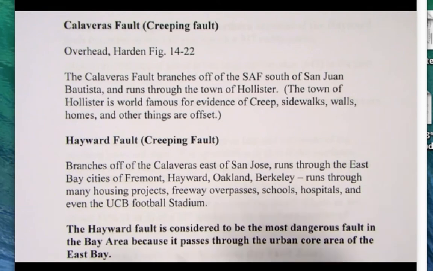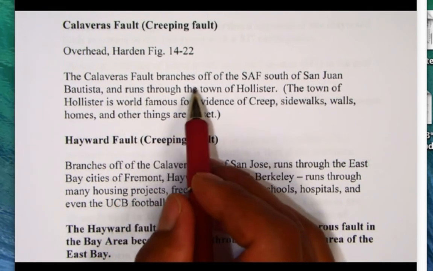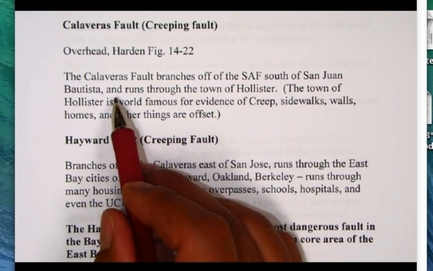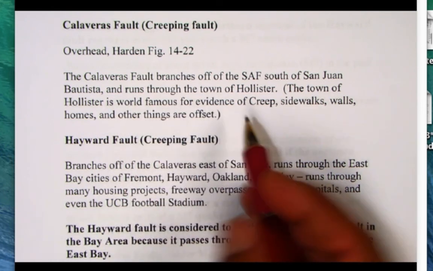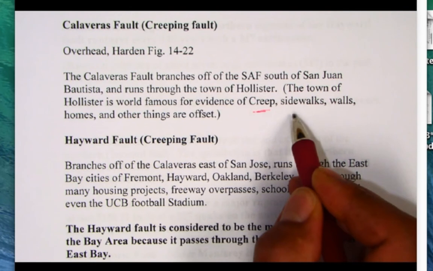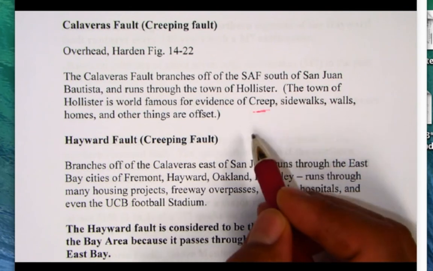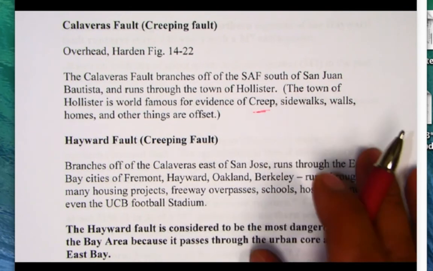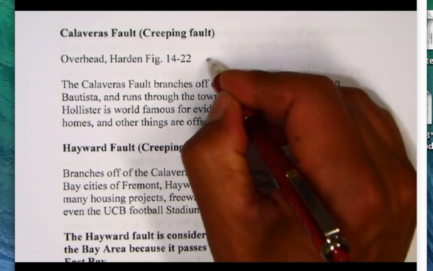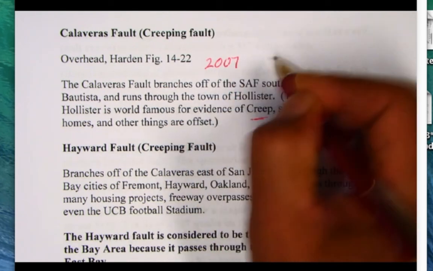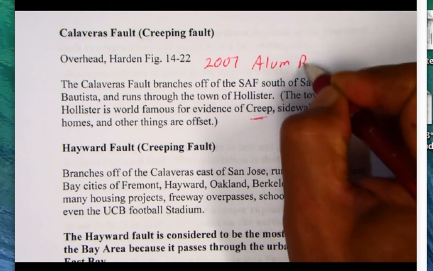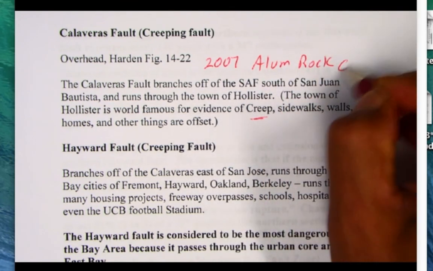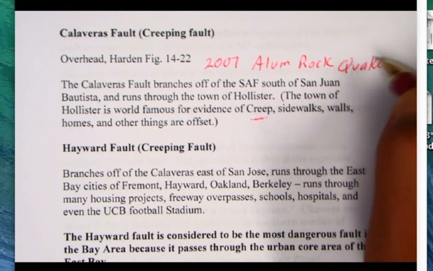The Calaveras fault branches off of the San Andreas fault south of San Juan Bautista. It runs through the town of Hollister, and it's world famous for the creeping segment, right? I showed you the picture of the sidewalks and walls of homes being offset. Remember in 2007, we had the Alum Rock quake, and that one had some pretty good Rayleigh wave motion.